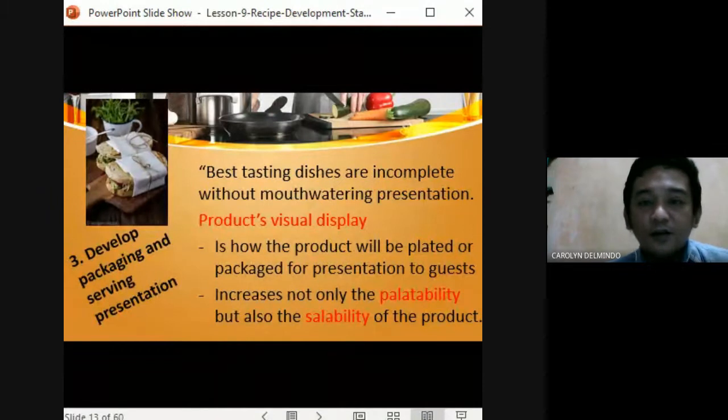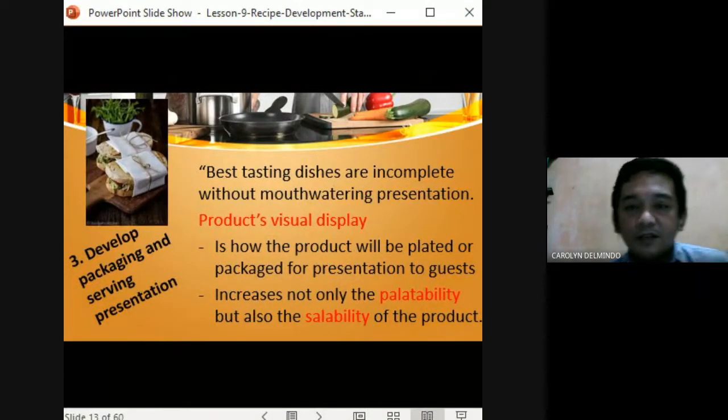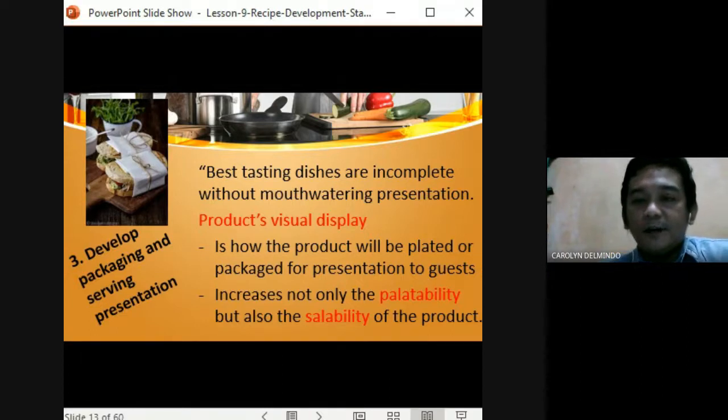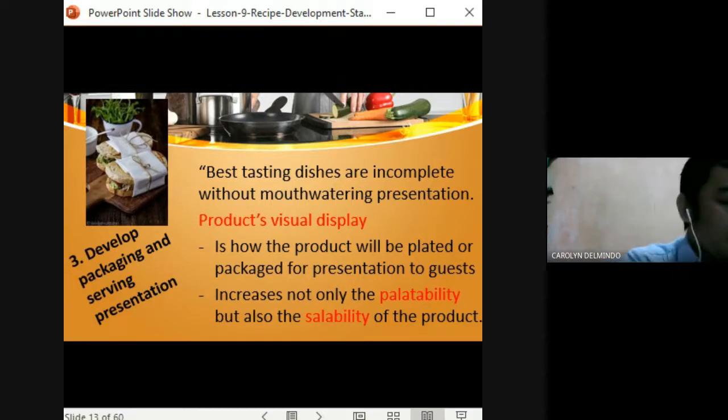Okay? So, lahat tayo nakapag-food processing na dito. Tama ba? Naka-food processing na lahat dito.